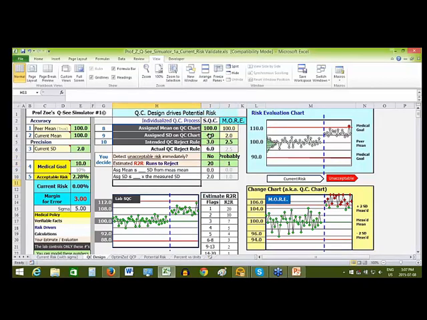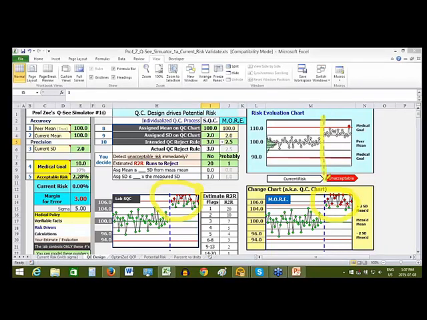If I come back here and put the assigned SD on the QC chart, I put the 2.0 on. Now this method, so I've got a mean of 100, an SD of 2. This one is using a 1.3s and this one is using a 1.2s. Look at the difference in the error detection after the QC flag, after the reject, after this simulated shift.